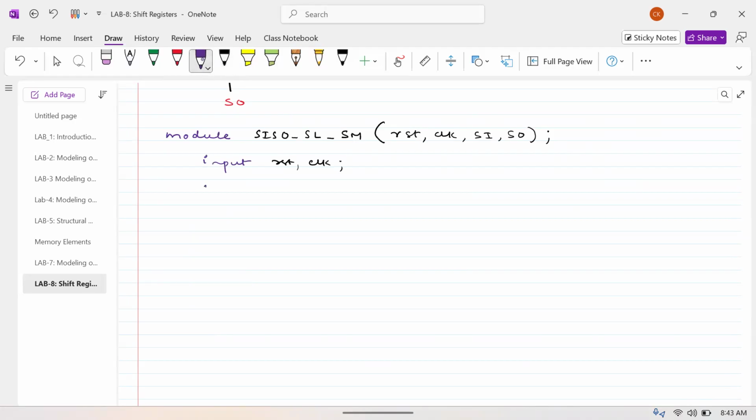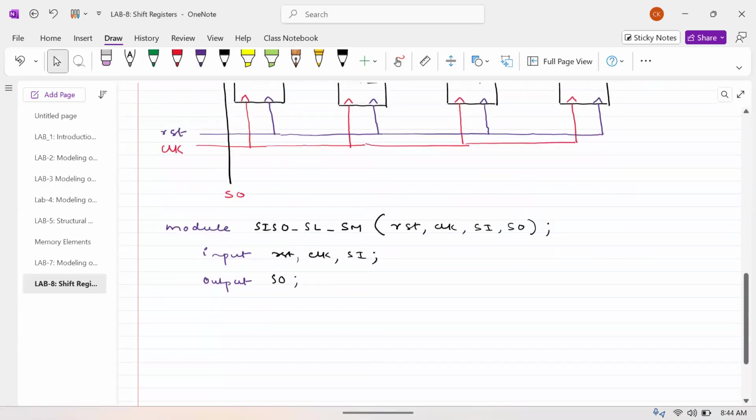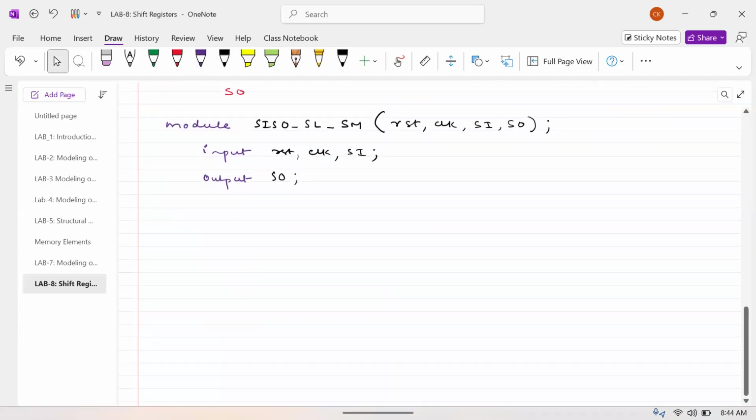What is the output? Sorry, SI is also there, right? Yeah, very good, we have an SI also. Next, output is S4. Since I'm writing in structural modeling, I don't worry about the register data type, right?